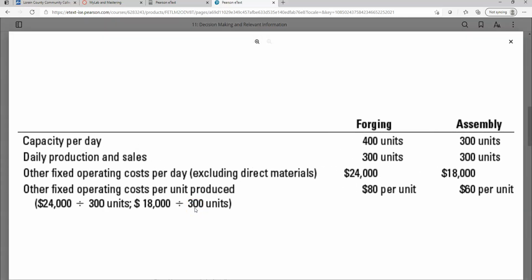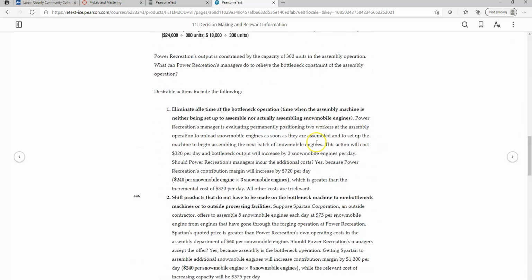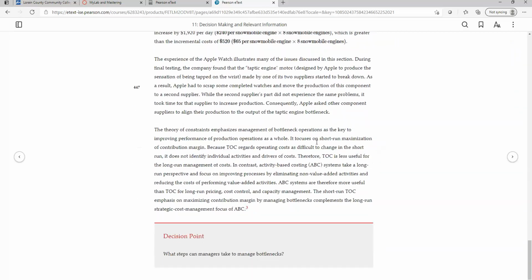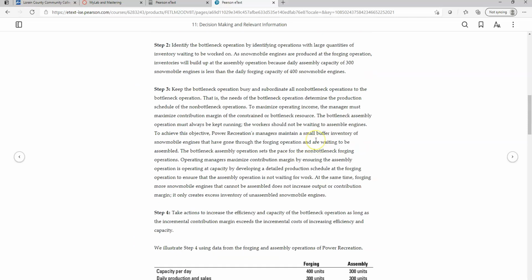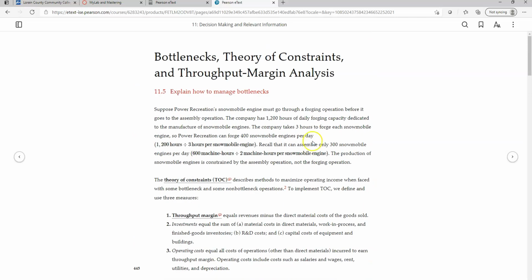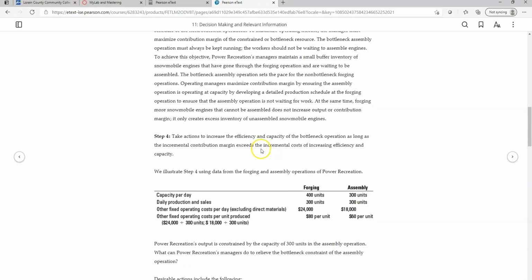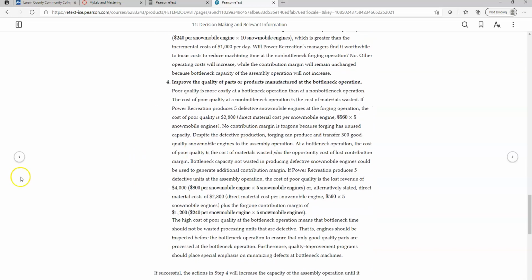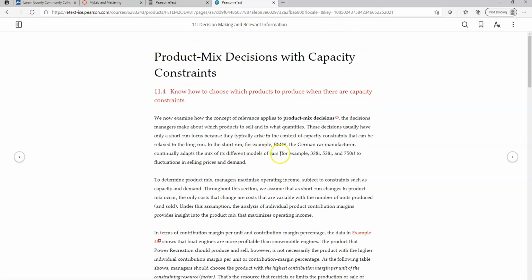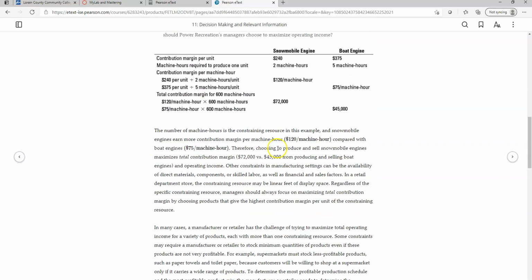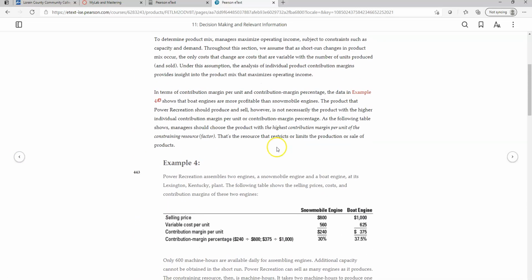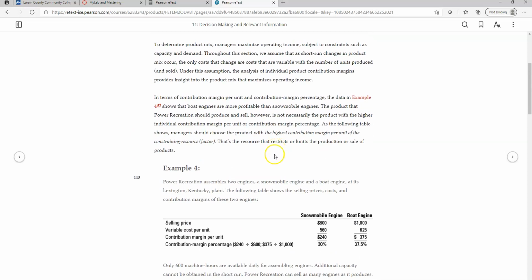Our capacity per day is 300 units. Let's see, is this the right one? Okay, this is the right one here.